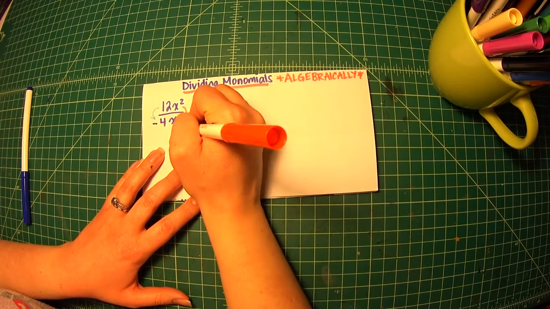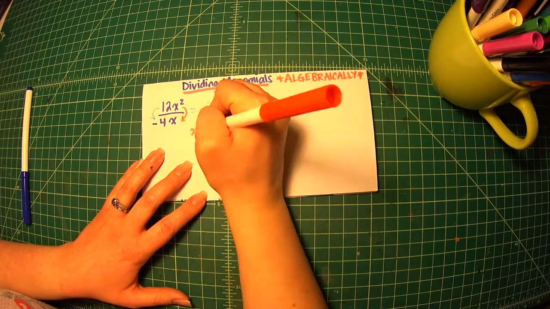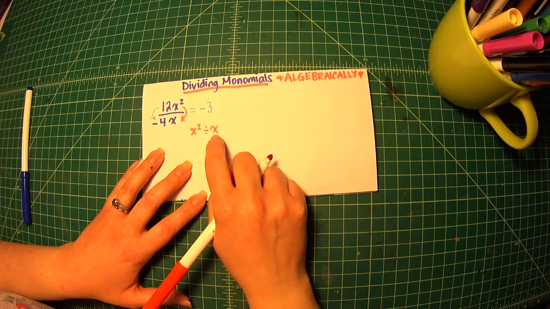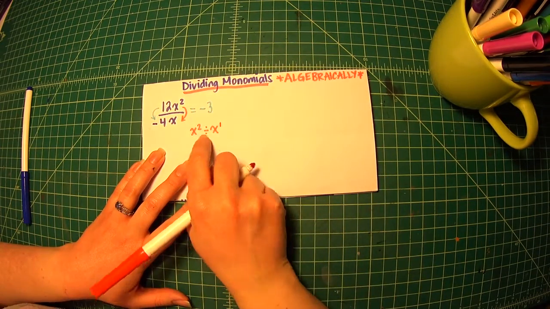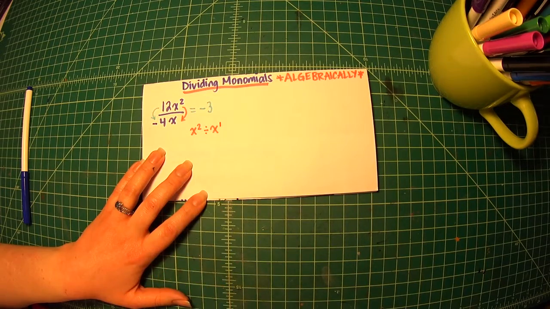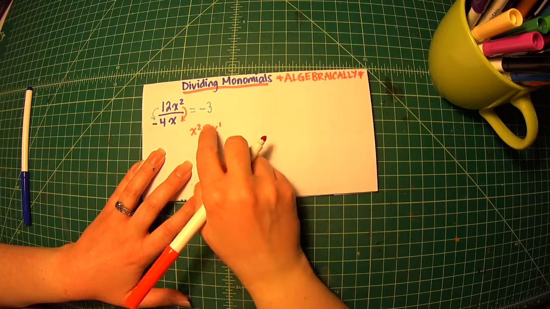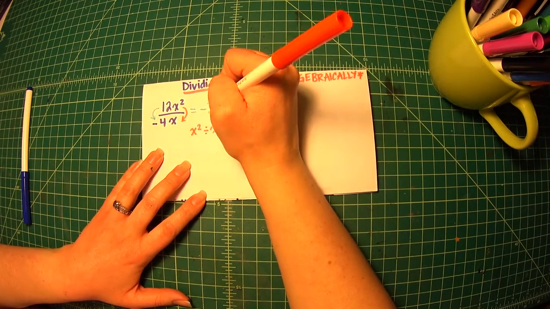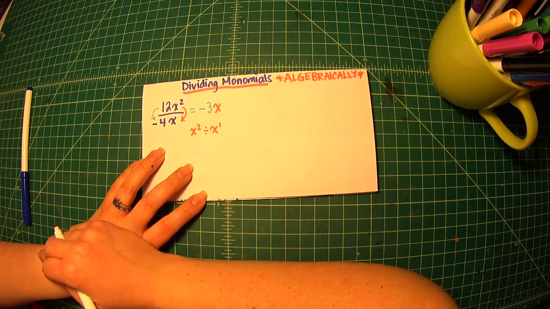Even though this x doesn't have an exponent, we know it would automatically have a little 1. And the other thing we know with exponent laws is that if we have the same base, the exponents can simply subtract. So 2 minus 1 leaves me with an exponent of 1. So what I'm left with is just negative 3x.